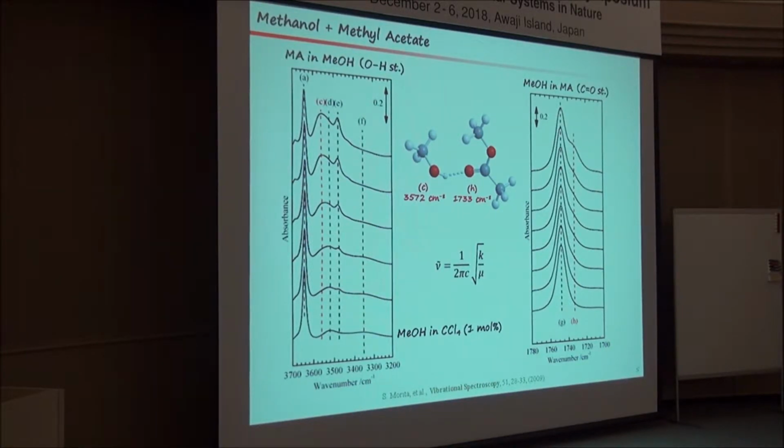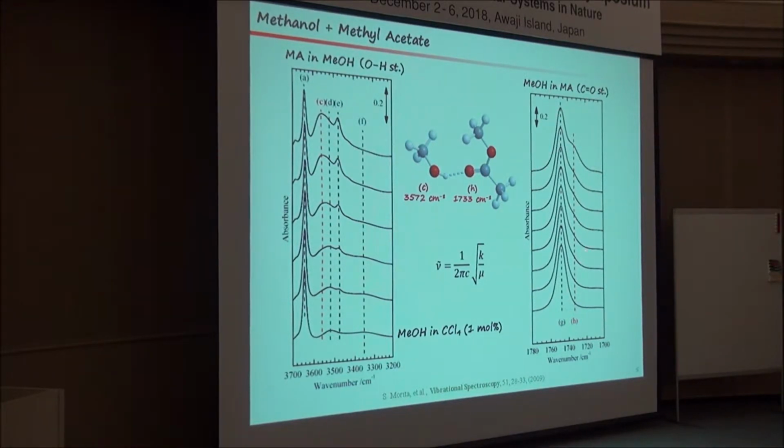With increasing concentration of methyl acetate, a new band, band C, appears at 3572 wave numbers. This is the evidence of the CO-OH hydrogen bonds. And this band C is a first overtone of the CO vibration. In the case of the CO stretching region, this band, band T, is the CO double bond band.